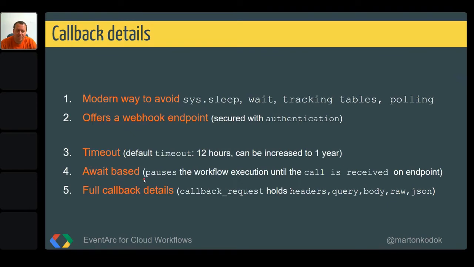It's wait-based, so it pauses the workflow execution until the call is received on the endpoint. This is a nice way to do workflows, and you can essentially run a workflow for up to 1 year. So if you start something today, you can wait for the callback until next year to run it and finalize the workflow itself.